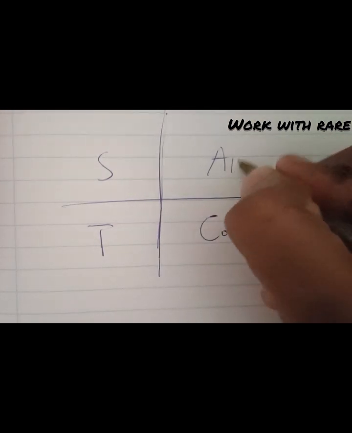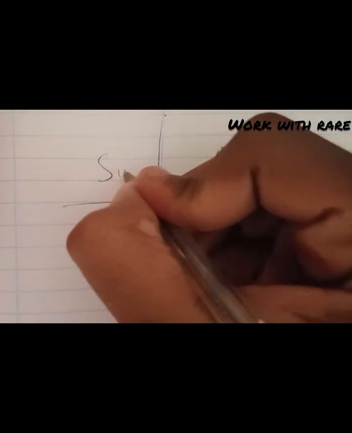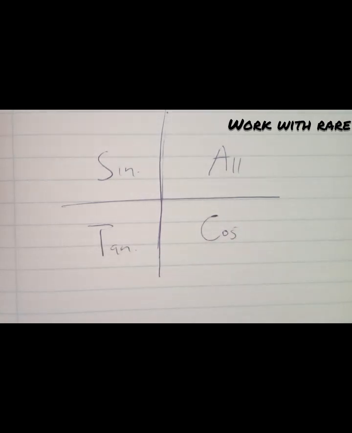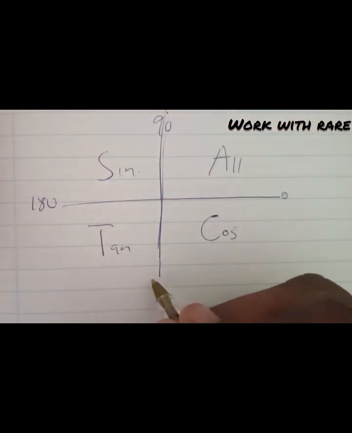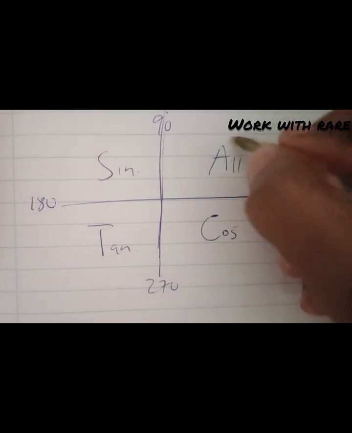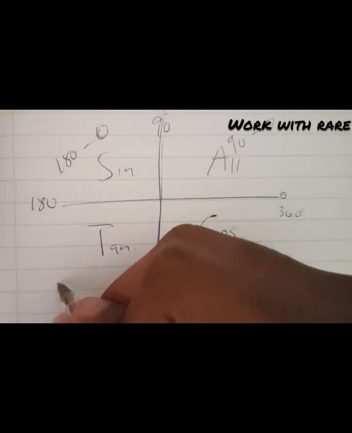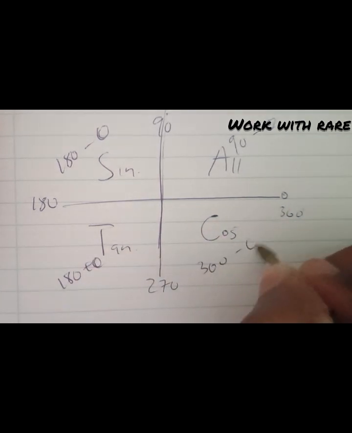C is for cos. They are all positive in this quadrant. Sine is positive here and tan is positive here. So here we have 0, here we have 90, 180, 270, 360: 90 minus, 180 minus, 180 plus, 360 minus.